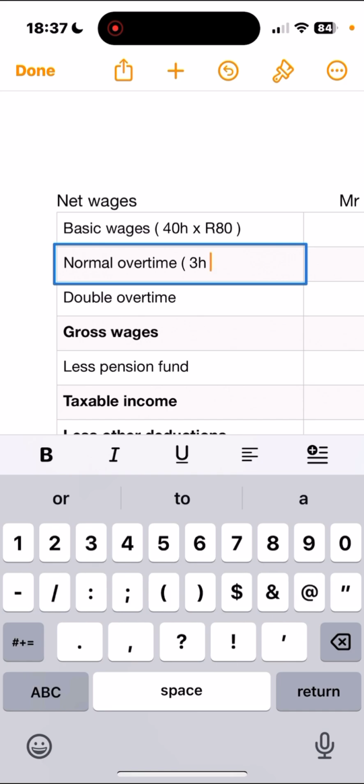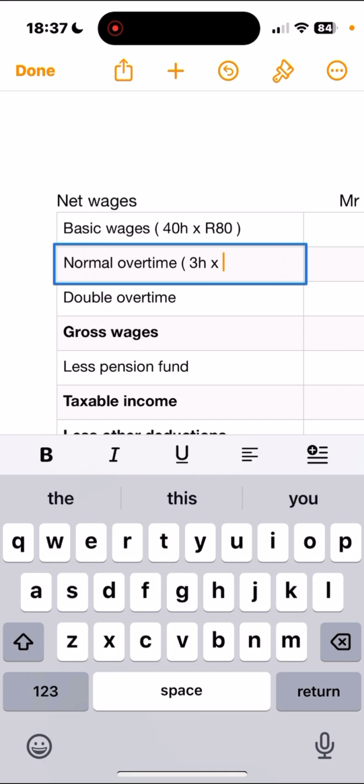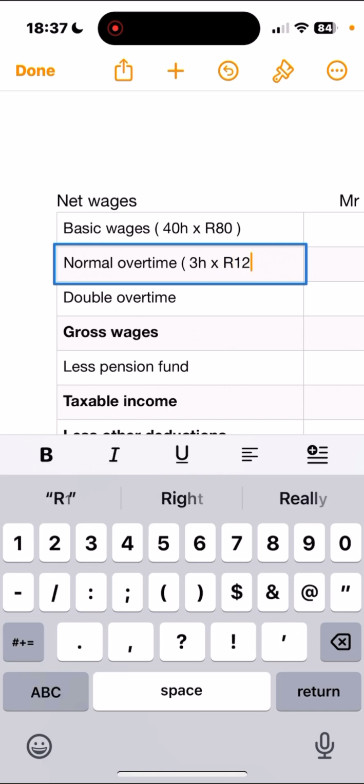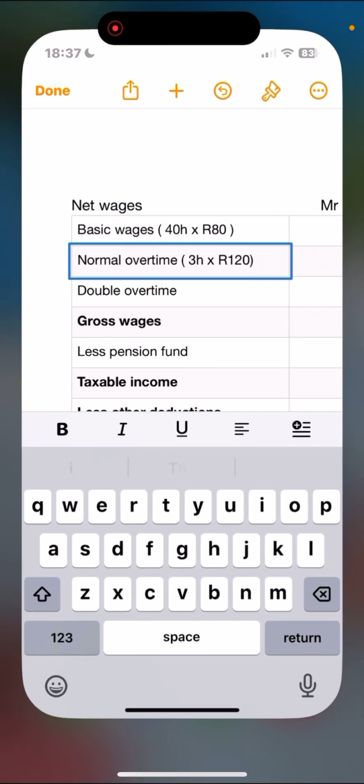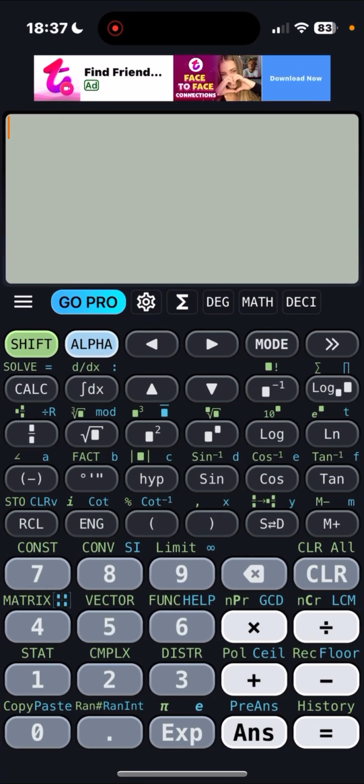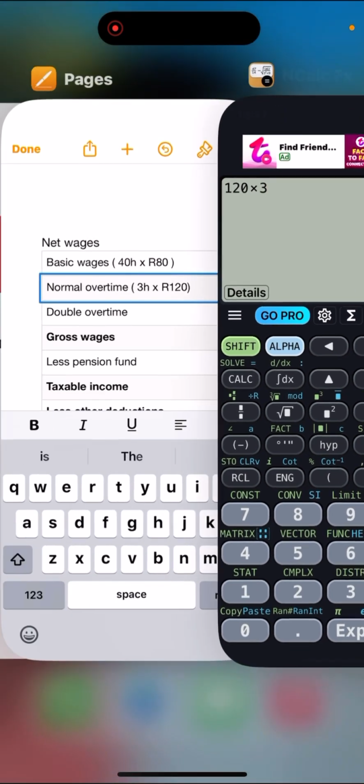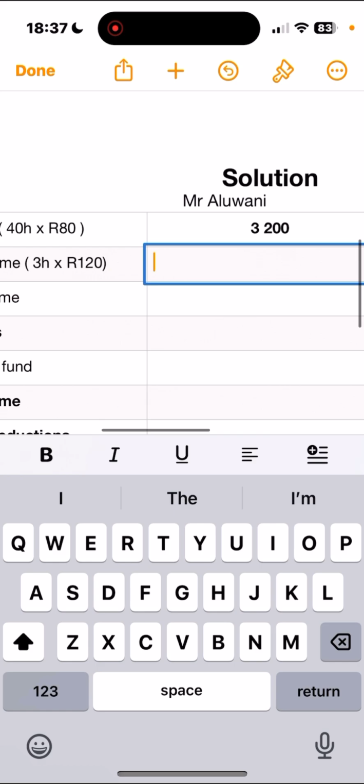So I'm going to take 3 hours, multiply by 120. Let's check on our calculator. 120 multiplied by 3 hours is 360.